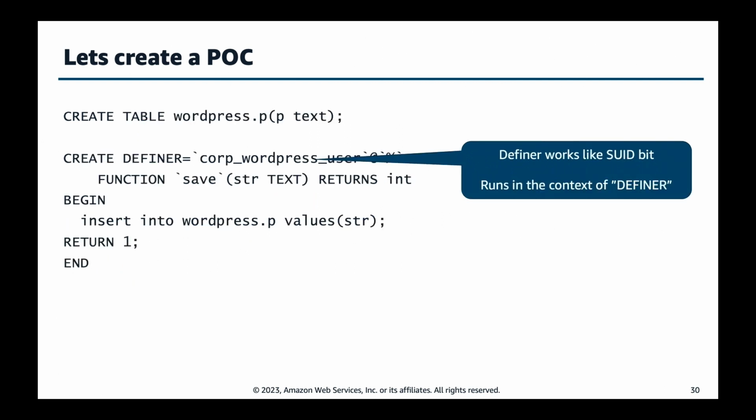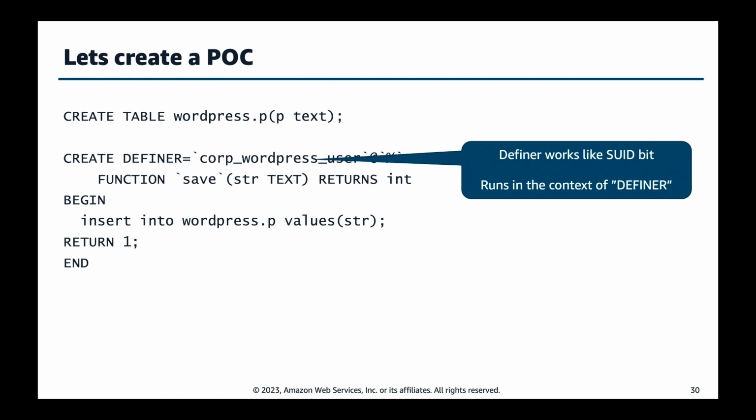The thing is, in MySQL and in Postgres as well, you can create functions and specify the definer. So definer is like the suid bit on Linux. You can specify the definer of the function, and whatever user we specify will be used as the security context.